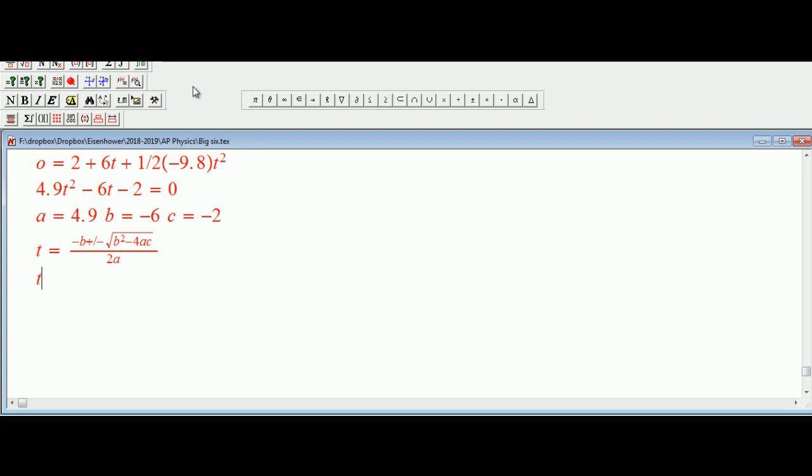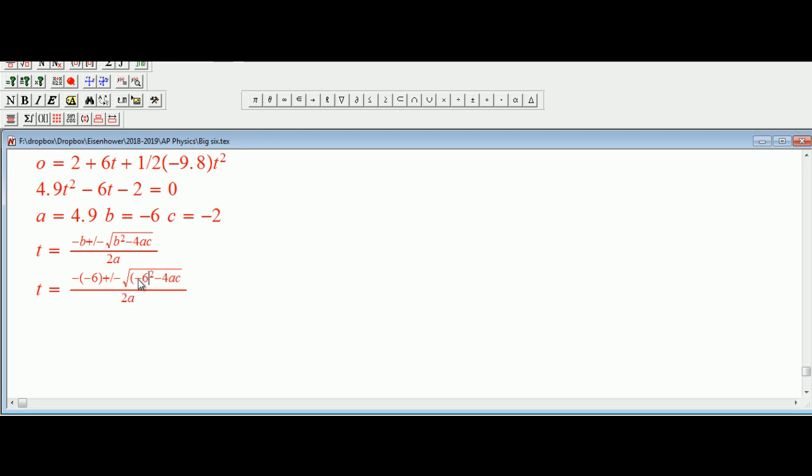I'm going to copy this because I don't feel like retyping all that, and paste it. My b is negative 6, so that becomes parentheses minus 6. This becomes minus 6 squared.